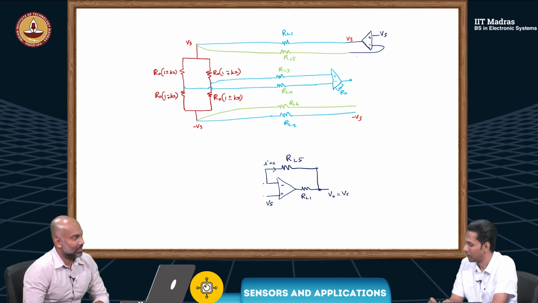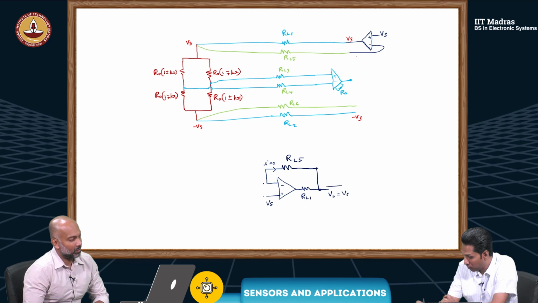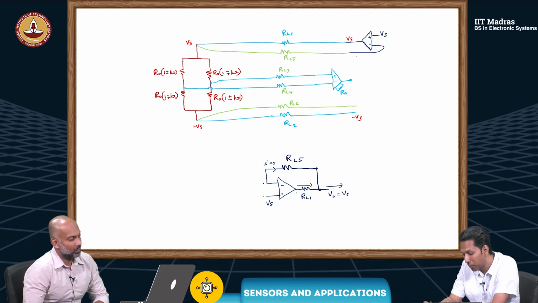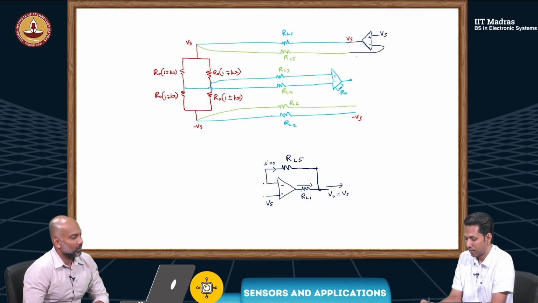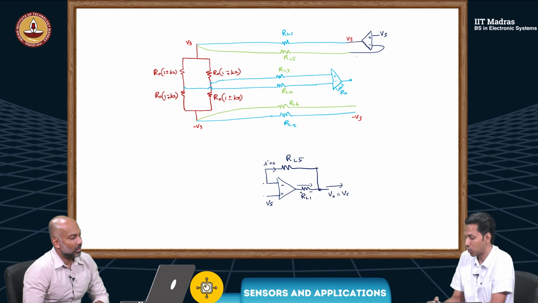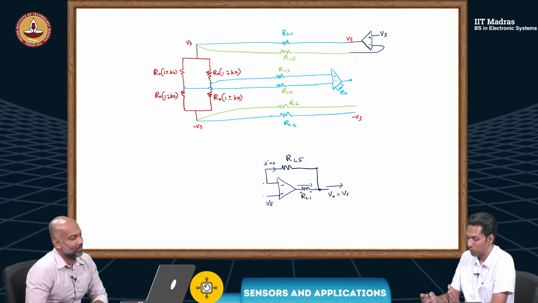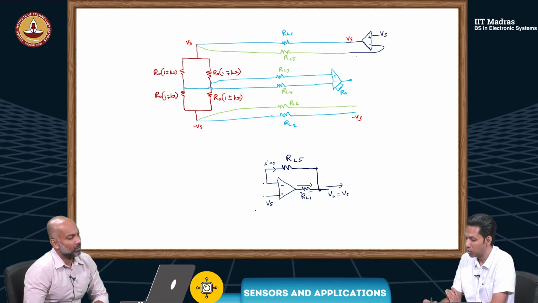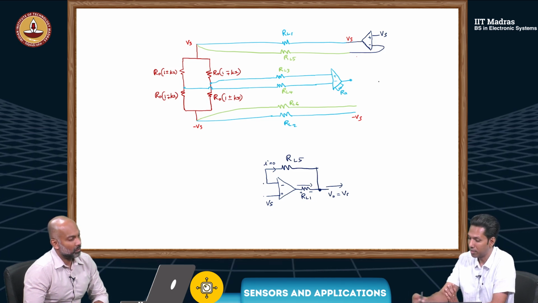So there may be some current flowing through this, which will come from the op-amp output. Op-amp output will be more than Vs, because it has to take care of this drop also. So I want Vs here, that is achieved through this. That's what we have done here.